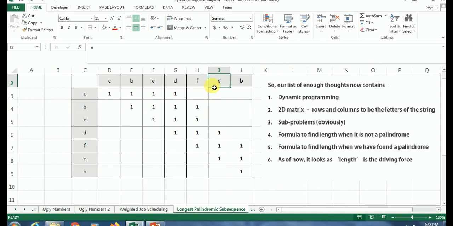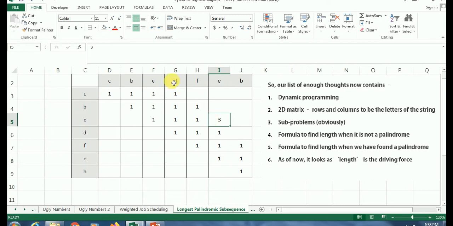Point number 5 is going to be 2 plus, that means the length of this E and this E, which is going to sum up as 2, and the max LPS, the longest palindromic subsequence of DF. So what is DF? The LPS of DF is 1. So 1 plus 2 is going to give me 3. Okay, note this down that for EDFE, I am getting the LPS as 3. That means the longest palindromic subsequence is 3.